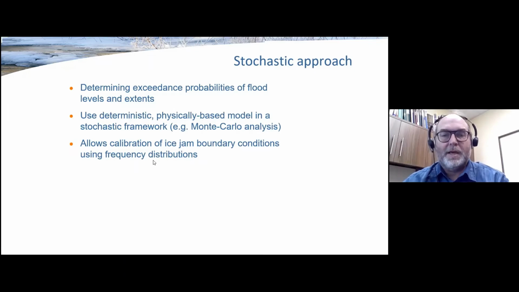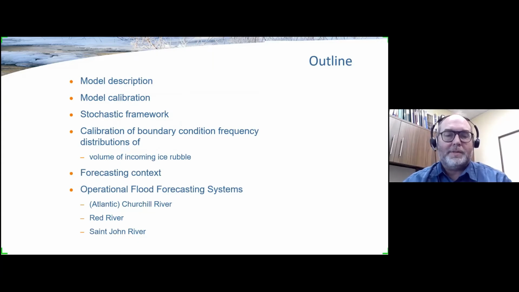So I'm working a lot now with frequency distributions and not single values of a parameter or a boundary condition. And so this is the outline of my talk.